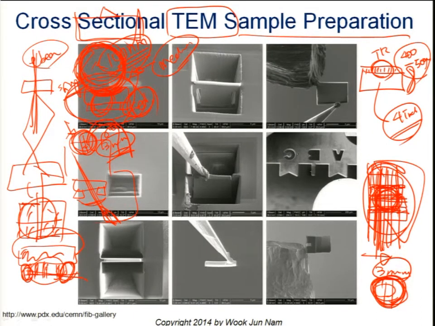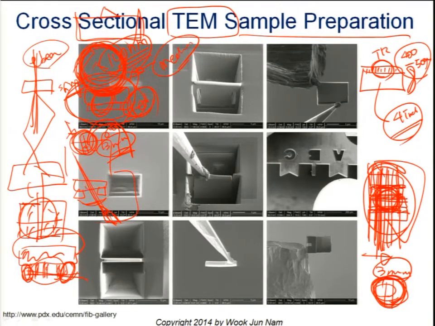Using this additional ion beam milling, we can make the center area much thinner than 100 nanometers. And then at some point, we stop and load these samples to the TEM.